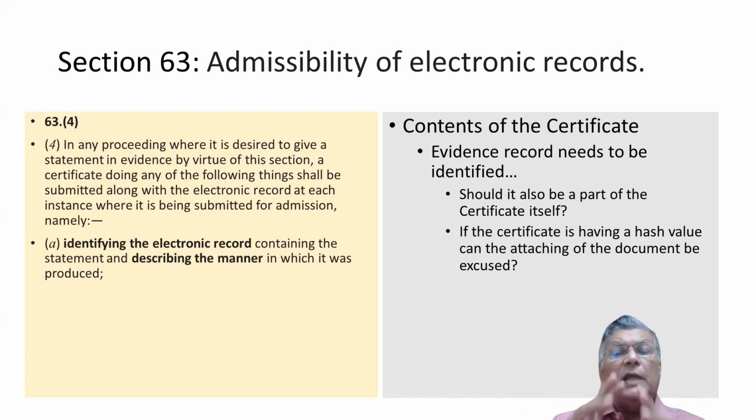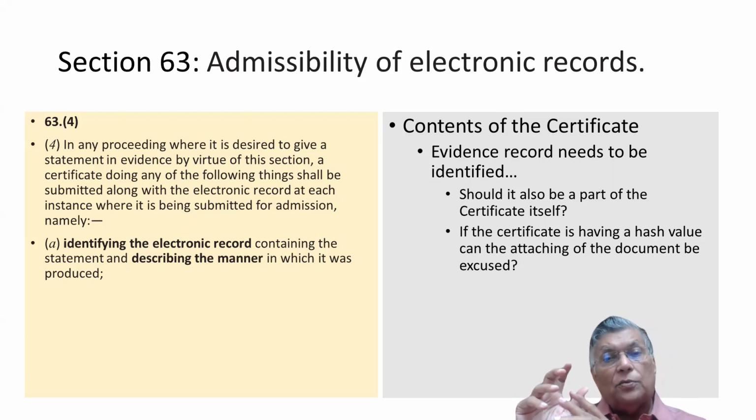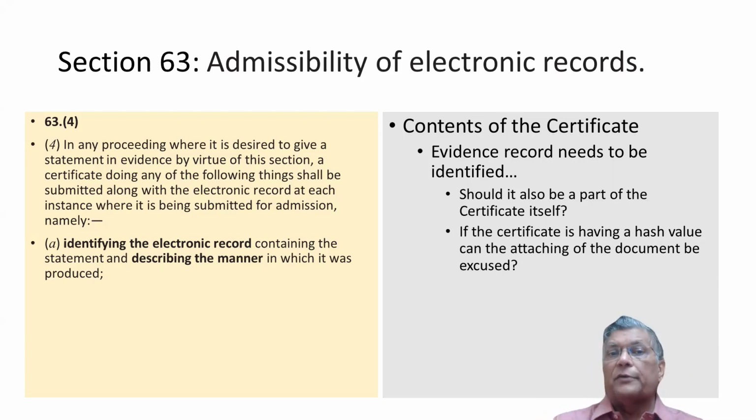Say if there is a video or an audio which you cannot print out, then it is essential to calculate the hash value. But if you are producing a section 63 certificate for a video or audio, then this whole certificate has to be attached with an electronic document, which means that section 63 certificate, this computer output, which can be produced either in electronic form or printed form, has to be produced only in an electronic form.